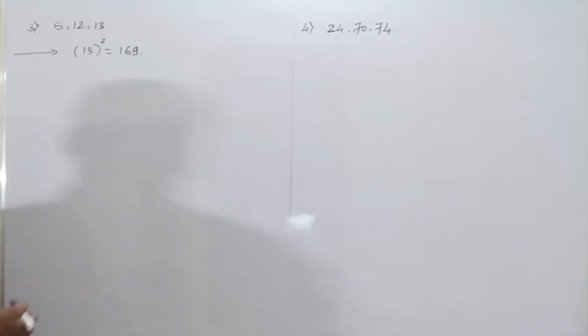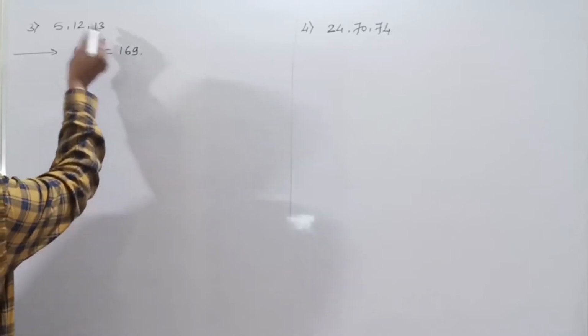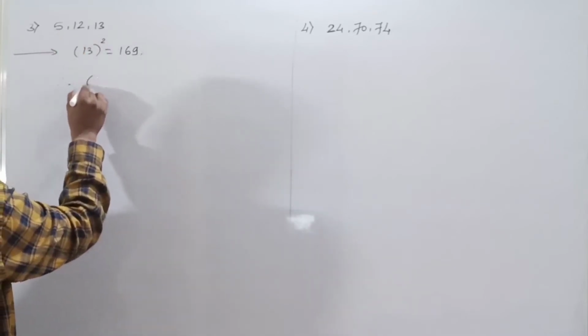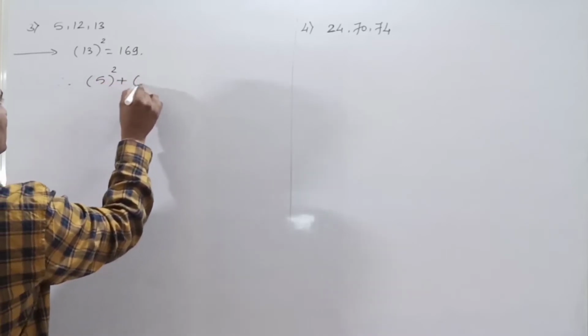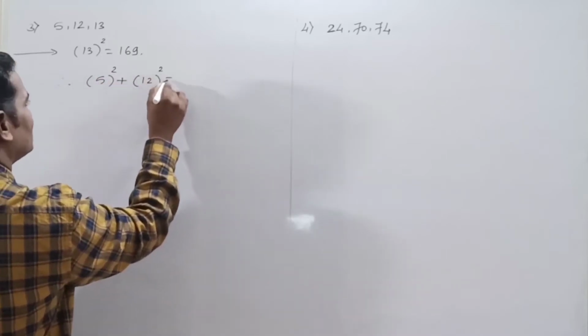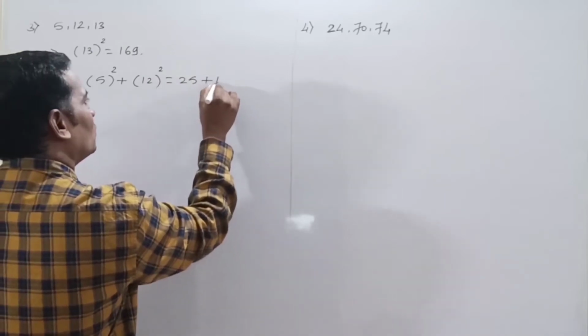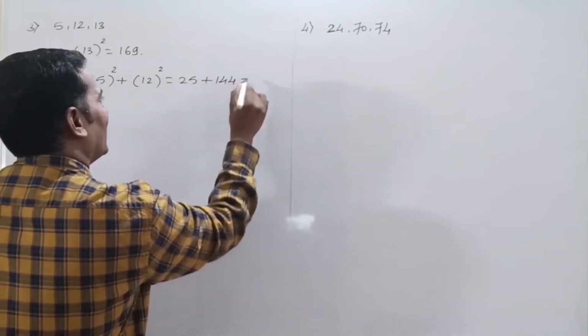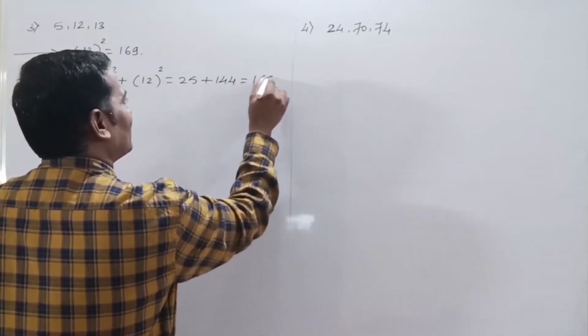Then the square of the remaining two numbers, that means 5 whole square plus 12 whole square is equal to 25 plus 144, and that sum is also 169.